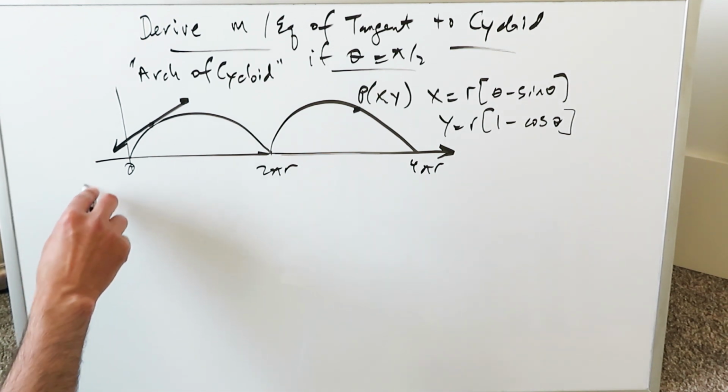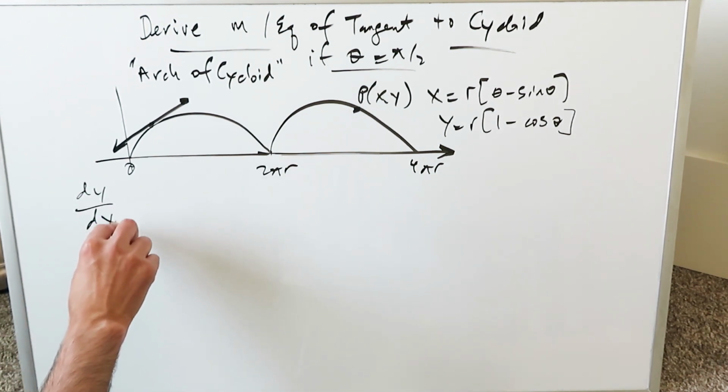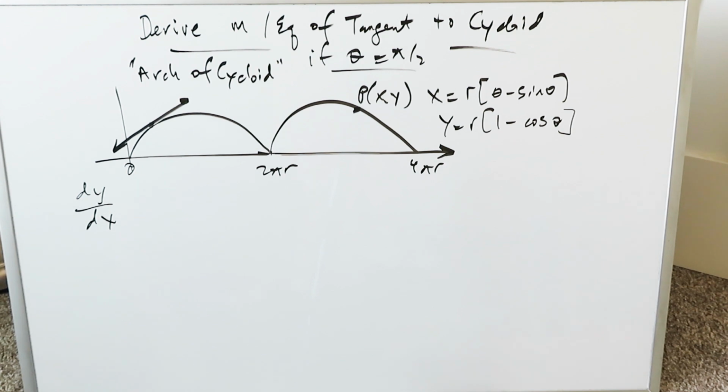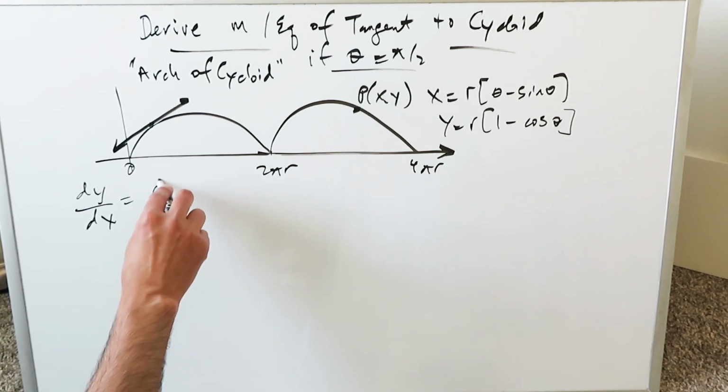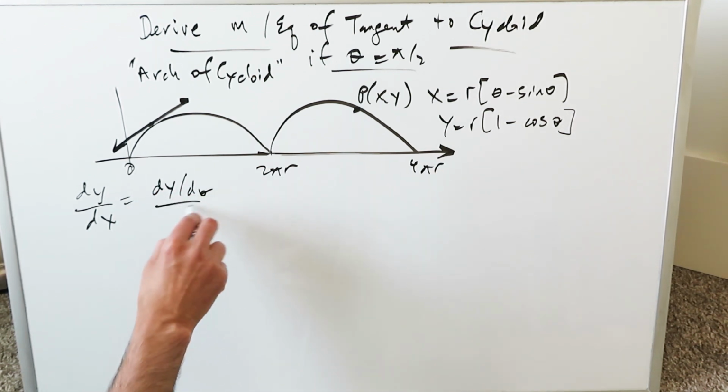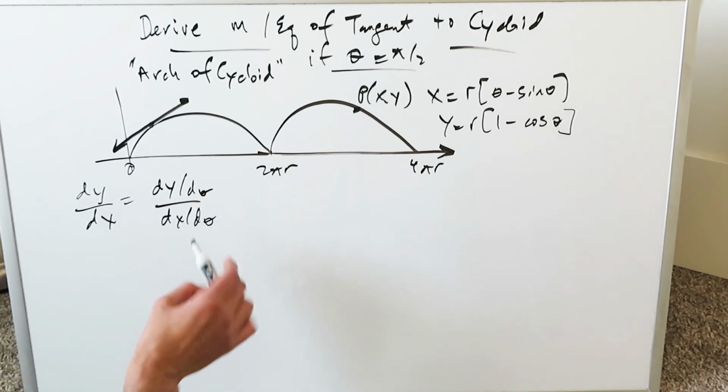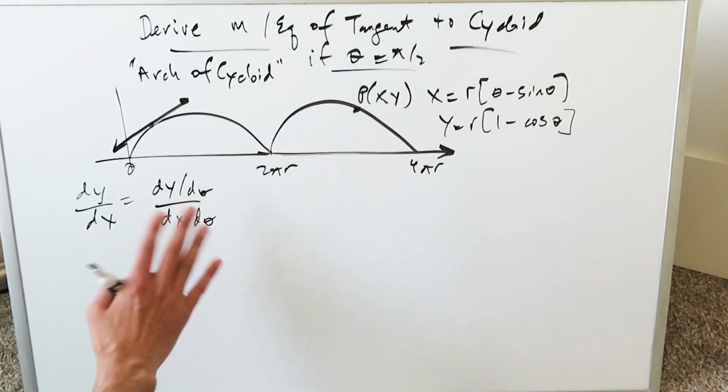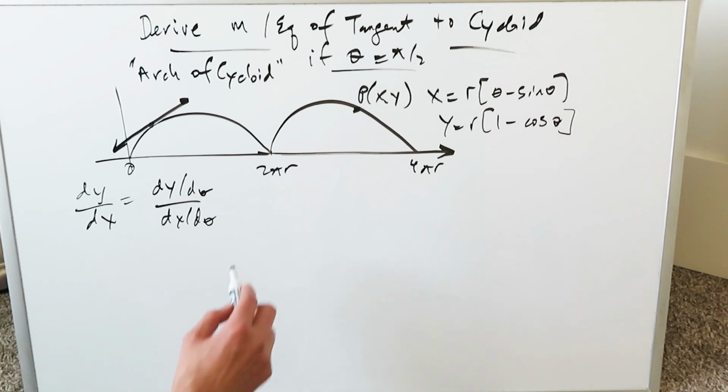The best way to do it is to start with the slope determination. The slope of a tangent represents your instantaneous rate of change, which is derived from the derivative dy over dx. But since we have a theta parameter, we're looking here at dy over d theta divided by dx over d theta. Algebraically, if you manipulate this, the d theta goes away and you end up with dy over dx.